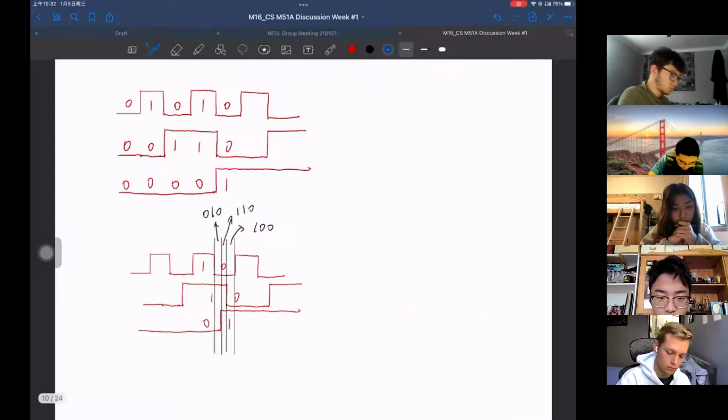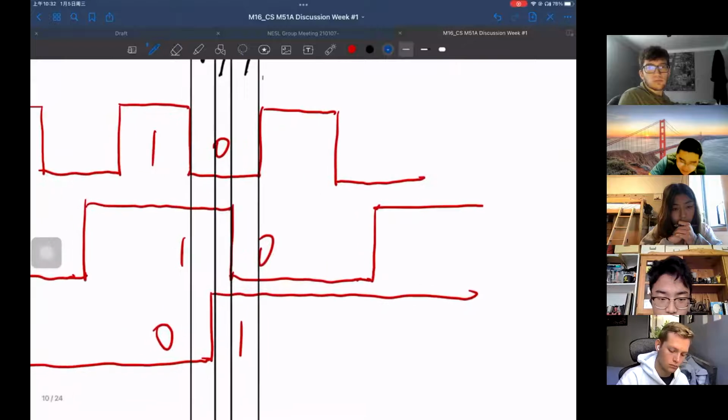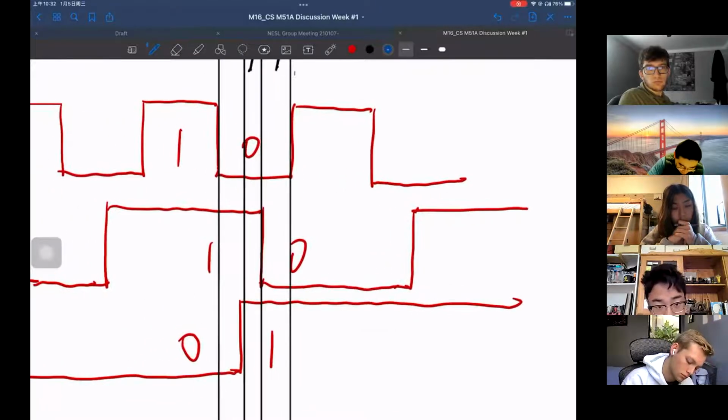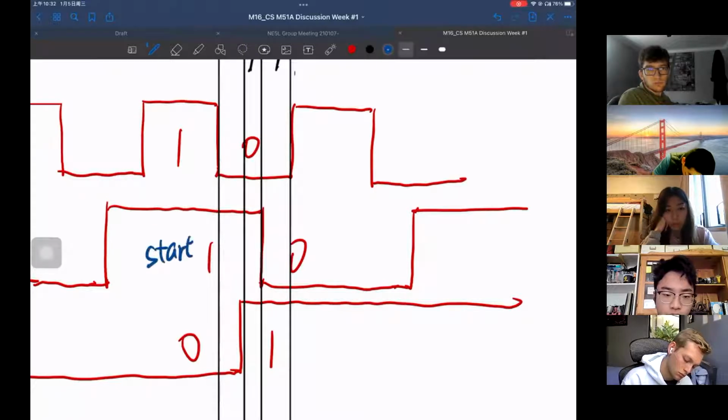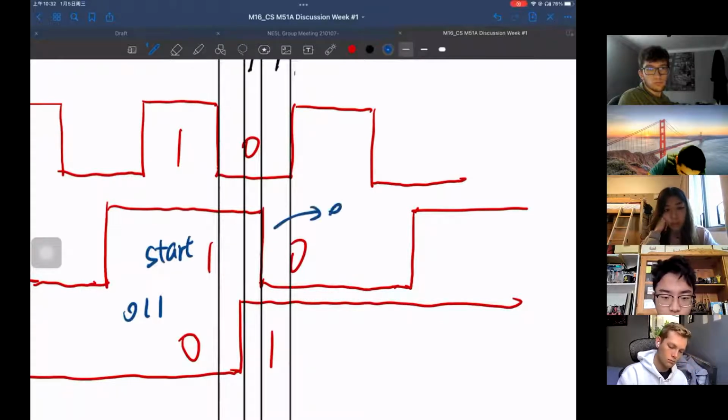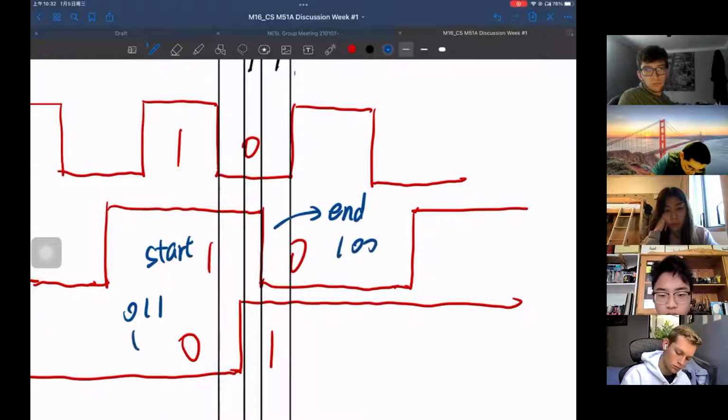Let me move to the next page. This is the same figure, but I created it before to emphasize. This is where we start. We start from 011. Everything looks good, right? And here we end at 100. Which number is this in decimal? 3, right?